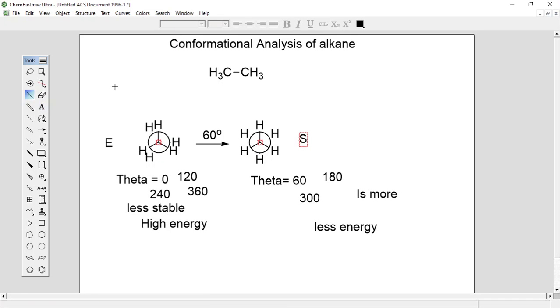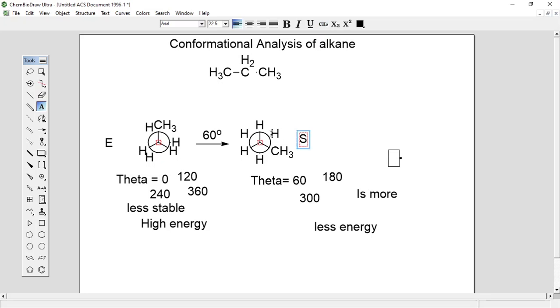Now we will see the conformational analysis of propane. So for propane, you just have to replace one hydrogen by CH3. Now it is correct.